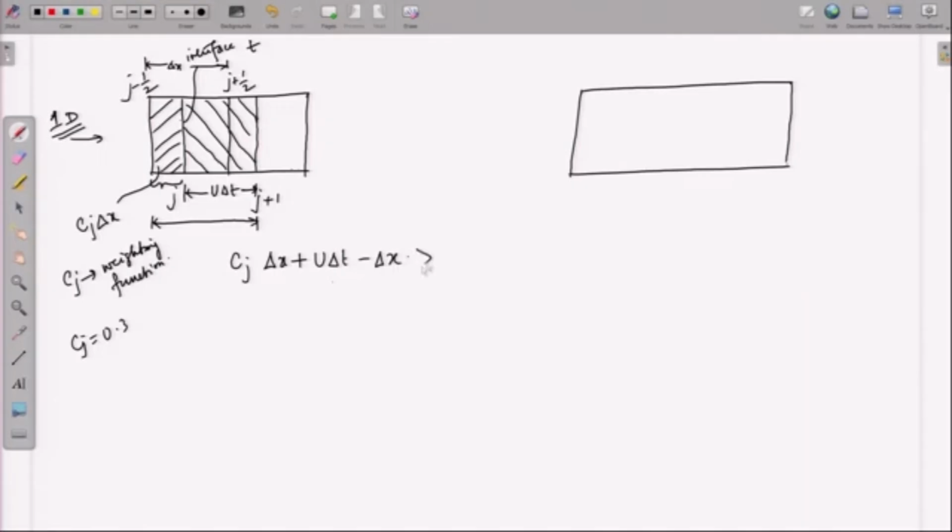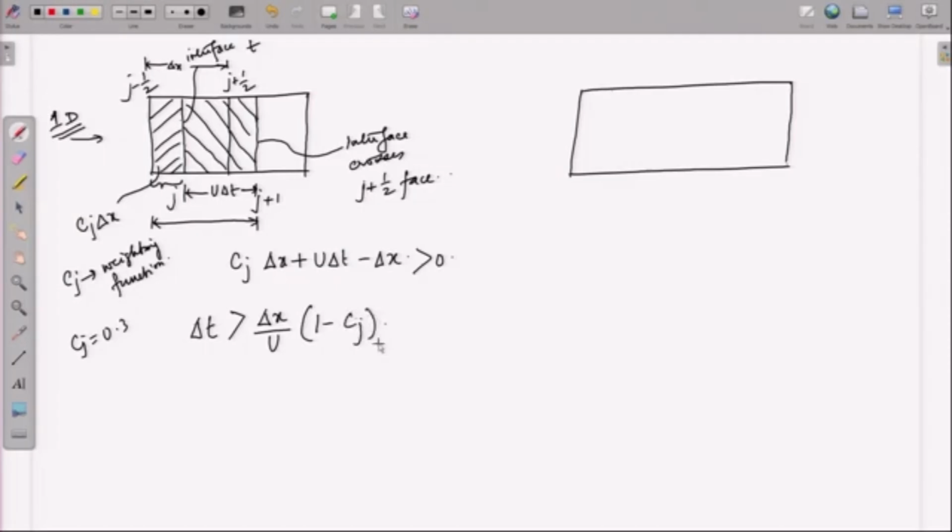Now, if this is greater than 0, then the interface crosses the j plus half face. So, it has filled up the entire cell j and then moved on. That is possible if delta t is greater than delta x by u times 1 minus C j.